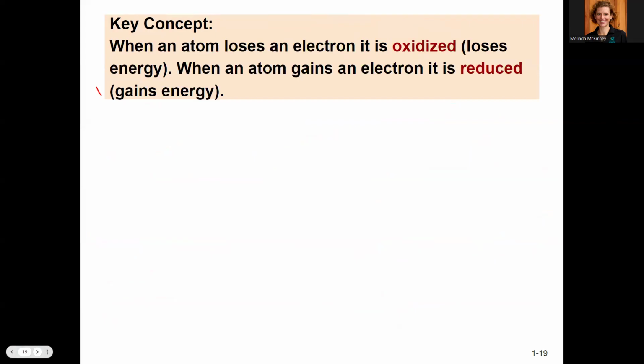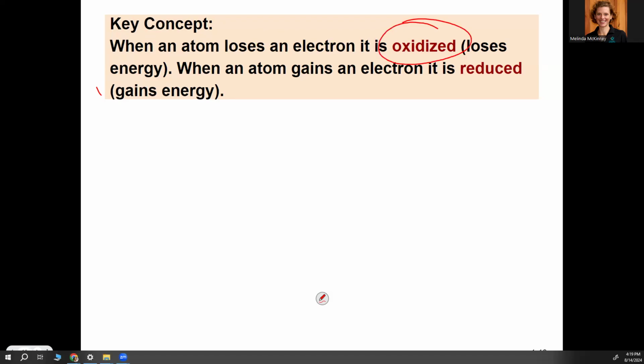Okay, so when an atom loses an electron, that's the most extreme example. It can also just lose energy. But generally for this course, we're going to talk about losing an electron. So if it loses an electron, it's oxidized. And if an atom or a molecule gains an electron, it's reduced. So there's a way to remember this.